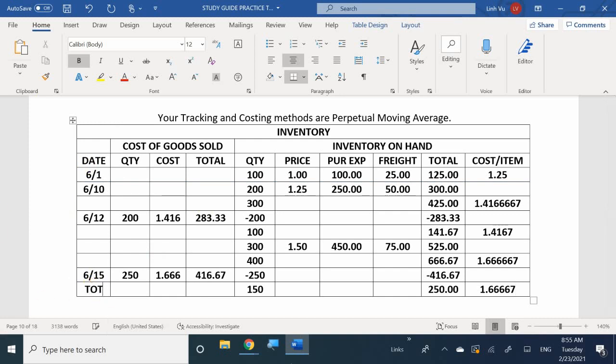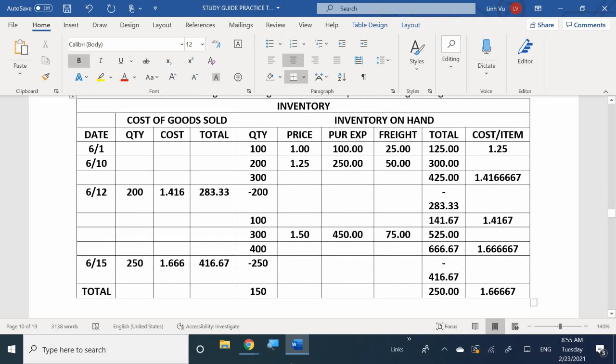All right. So let's go ahead and tally up our totals. So here, how many items did I sell? 450. At what cost?